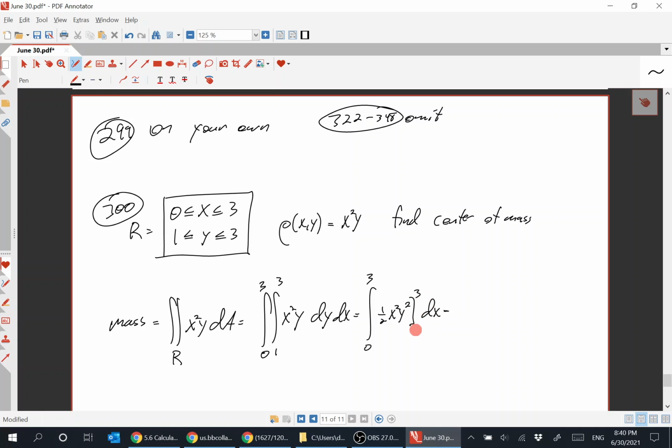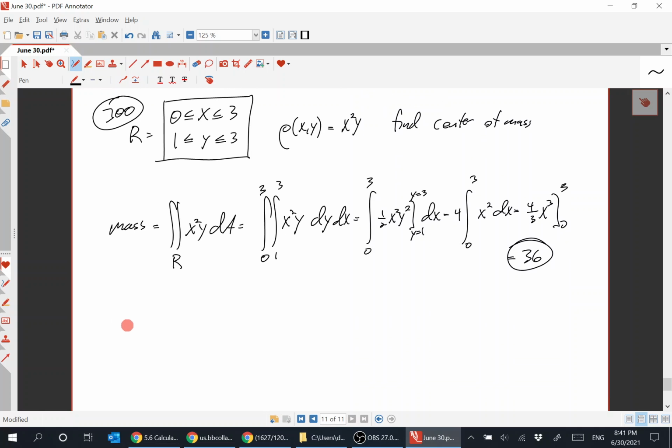So this is y equals 1, y equals 3, of course. 9 minus 1 is 8, so it becomes 4, integral from 0 to 3, x squared dx. So 4/3 x to the third from 0 to 3, and so we get 27, so 9 times 4 is 36. So the mass is 36 units.